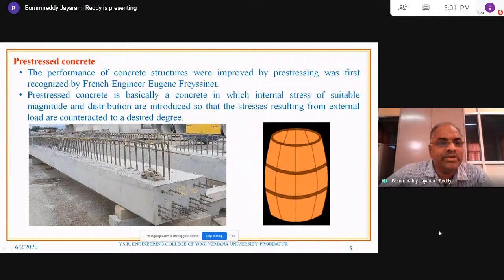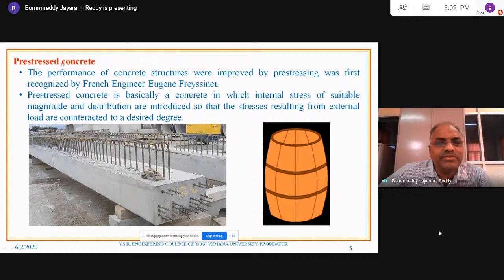The major difference between RCC and pre-stressed concrete is, in RCC we provide the steel reinforcement to take care of all tensile stresses that are induced on the member.